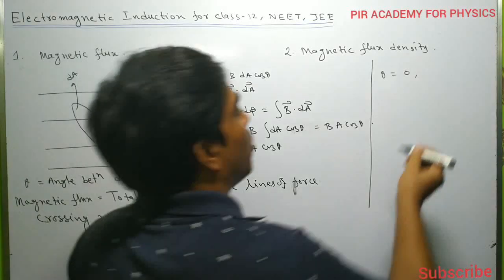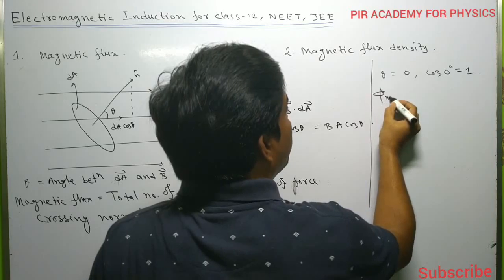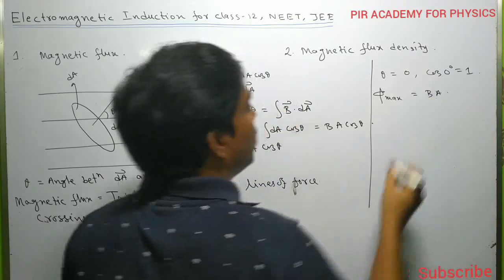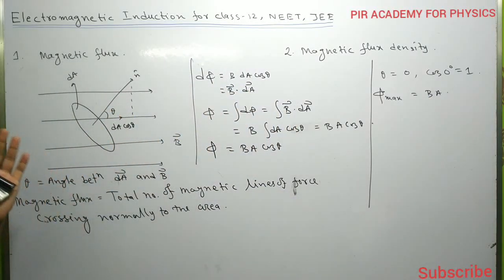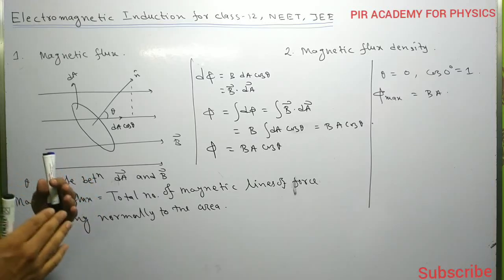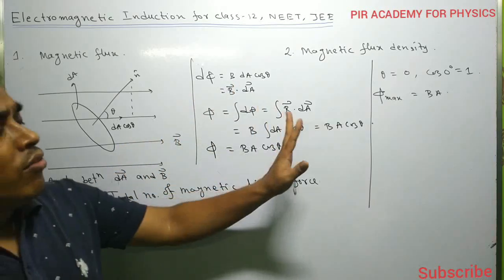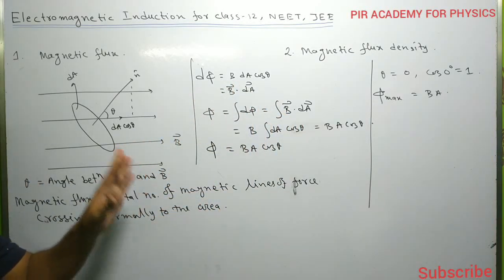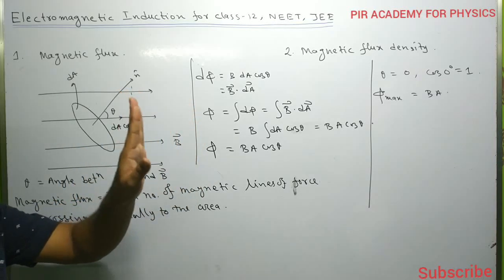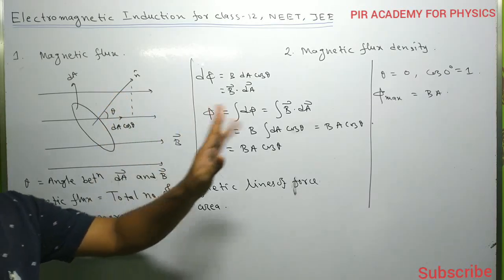That means cos 0 degree equals 1, so the maximum flux will be B into A. So if the area is placed perpendicular to the magnetic field, then the flux will be maximum. You have to keep in mind that it is perpendicular to the plane, but the angle between the area vector and the magnetic field will be 0.